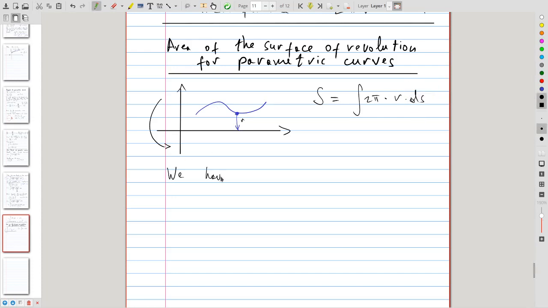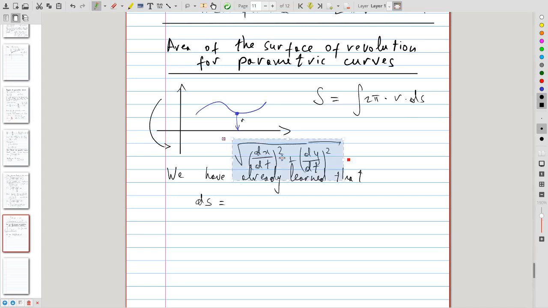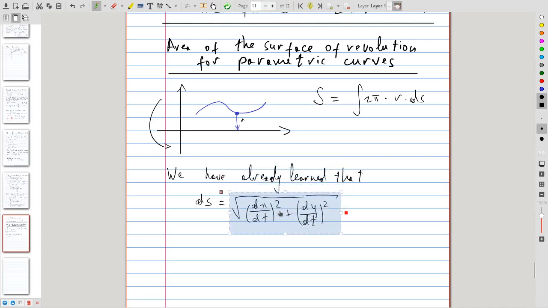We have already learned that ds, the element of arc length, is what we integrated to evaluate the arc length of a parametric curve, right? So it's this expression over here. This is what we would integrate to find the arc length of a parametric curve.